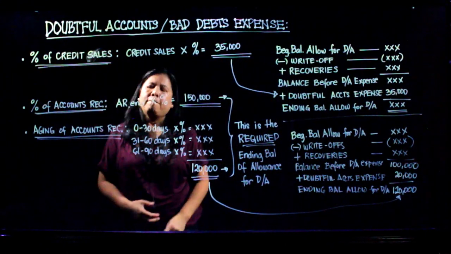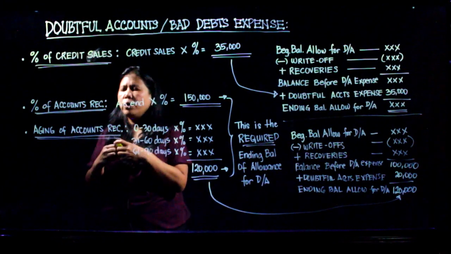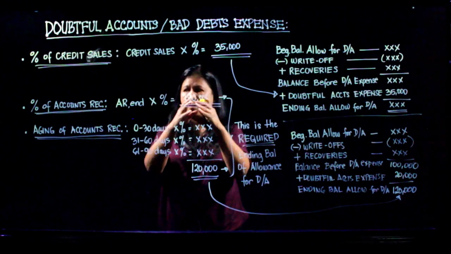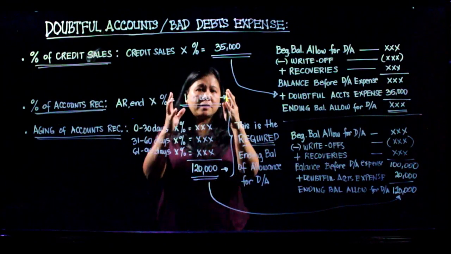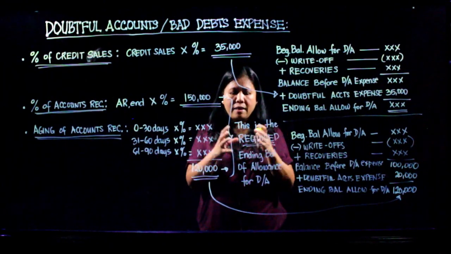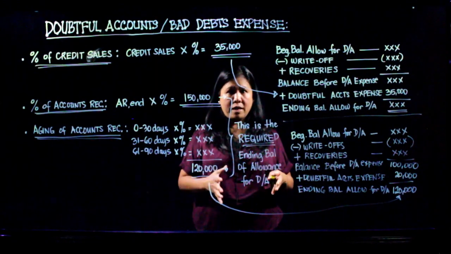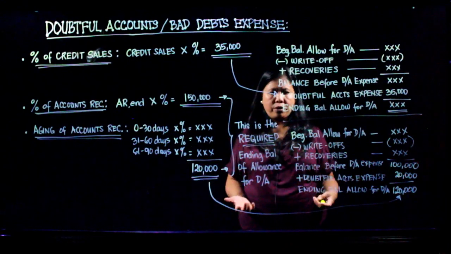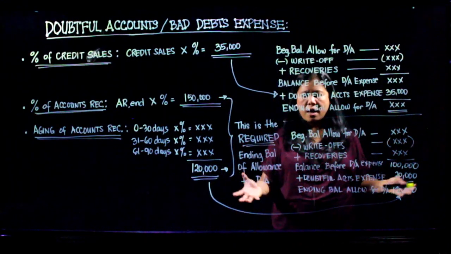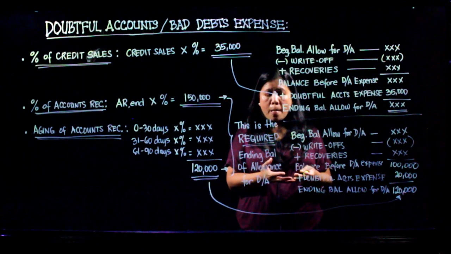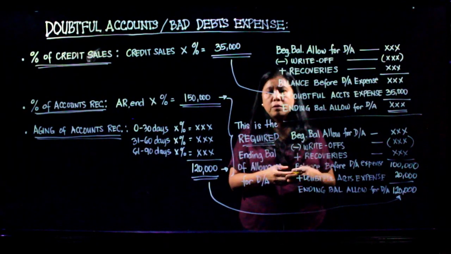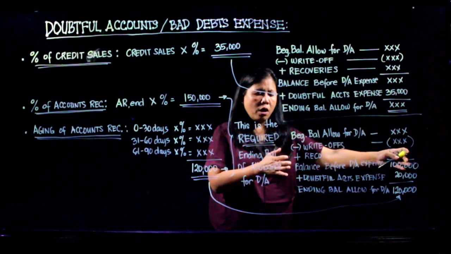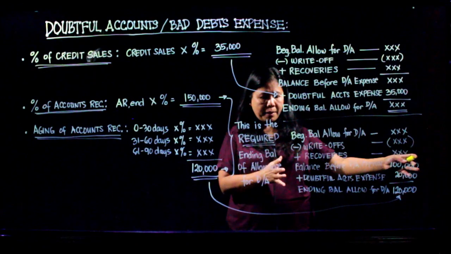Now, if you're going to use these two methods, whatever amount you get from these two methods is the required ending balance of your allowance for doubtful accounts. How do you get your doubtful accounts expense for the year? From the beginning balance minus your write-off amount plus your recoveries, you get your balance before doubtful accounts expense.